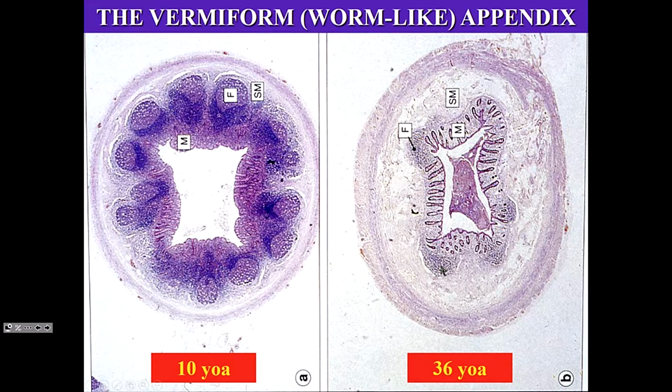This is consistent with that theme where as an individual gets older, the amount of immunological tissue present in their body progressively declines. You remember in the bone marrow, the red marrow is replaced with yellow marrow, which is fat cells. In an older person, in the appendix, you get replacement of some of the lymphatic tissue with adipose tissue. We'll see the same thing in the thymus when we do that momentarily.